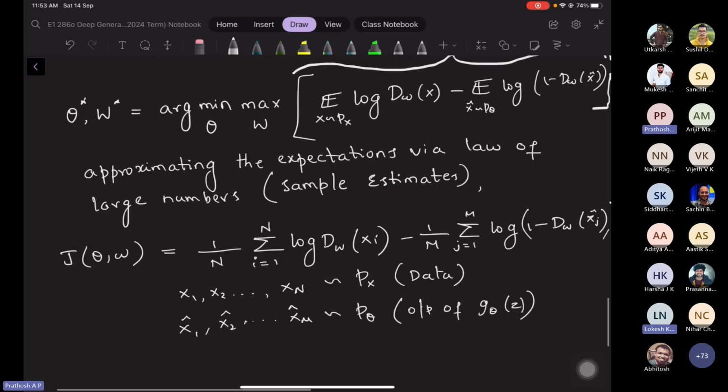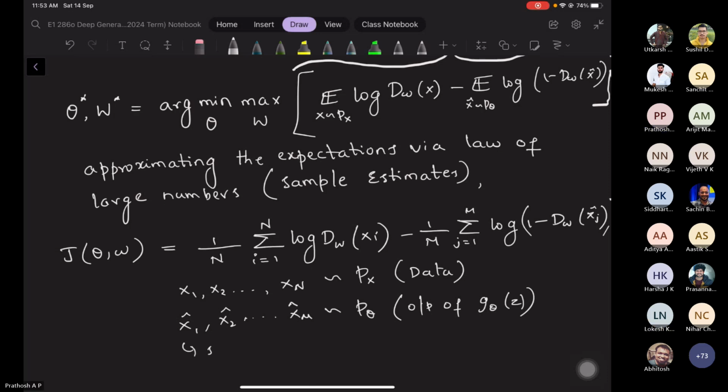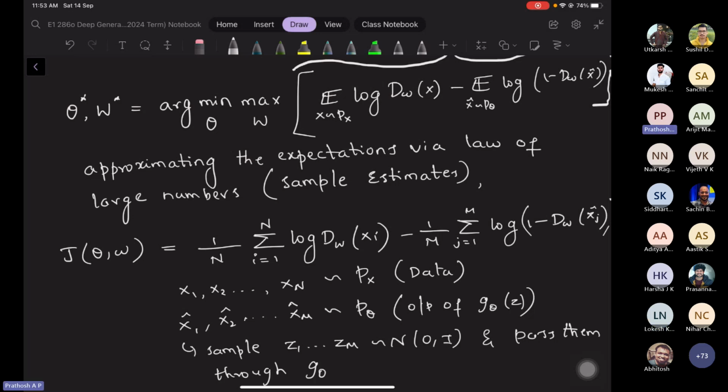Now, how do you get this sample? You sample z1 through zM from a normal distribution and pass them through g_theta of z to obtain the generated samples.